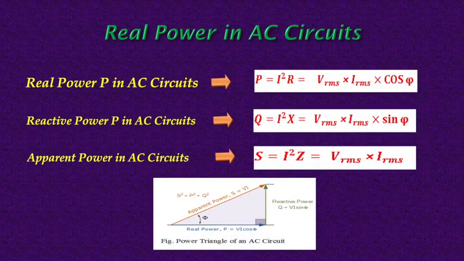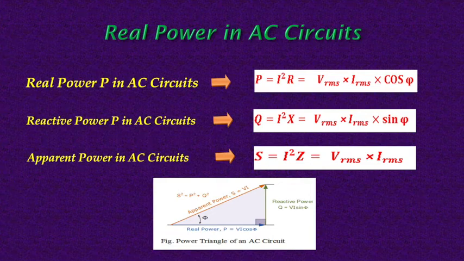Now we are going to discuss the above power components in detail, and we are starting with real power in an AC circuit. It is also known as true or active power. It performs the real work within an electrical circuit. To find the corresponding value of the real power, the RMS voltage and current values are multiplied by the cosine of the phase angle between current and voltage.